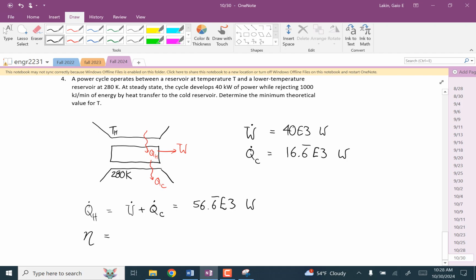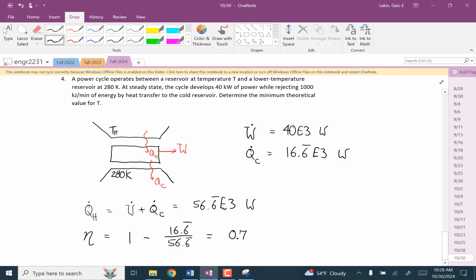Yeah, I guess so. By giving these two values, we're locked into what the efficiency has to be. So this is equal to 1 minus 16.6 divided by 56.6, which is 0.705.